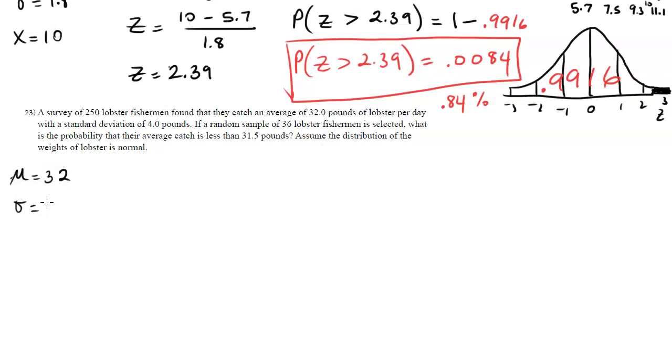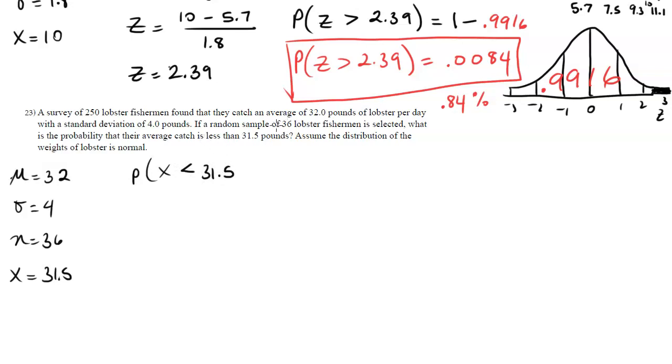The standard deviation is 4 pounds. Now they choose a random sample of 36 fishermen, and we want to know the probability that their average catch is less than 31.5 pounds.